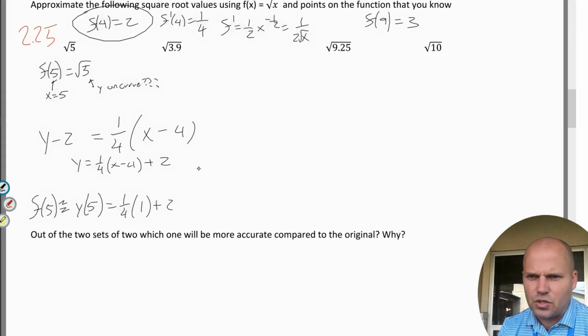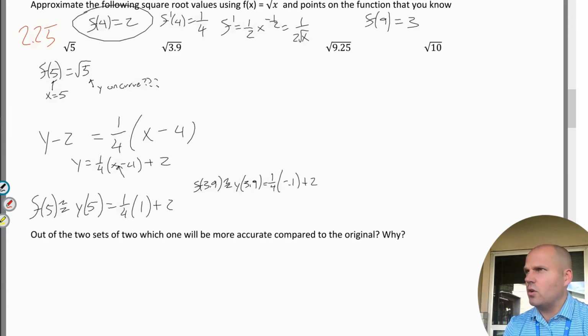Now let's do the same for 3.9. So f of 3.9 is approximately y of 3.9, which means I will plug in 3.9 for x here, and I'll get 1/4 times negative 0.1 plus 2. If we want to change it into a decimal, that's great.